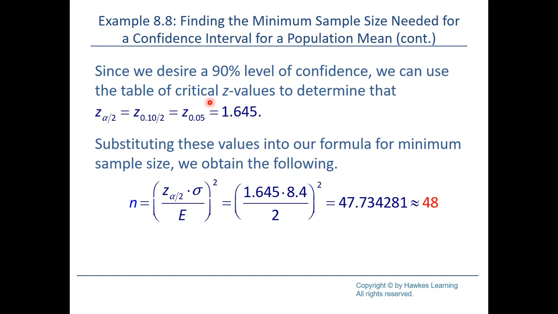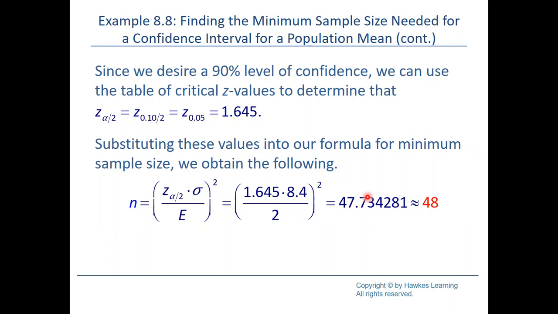Once you have this, you can plug everything into the formula, which is Z alpha over 2, the 1.645, times the 8.4, our population standard deviation, divided by E. Make sure the parentheses go around all of it and square it, which is about 47.78.